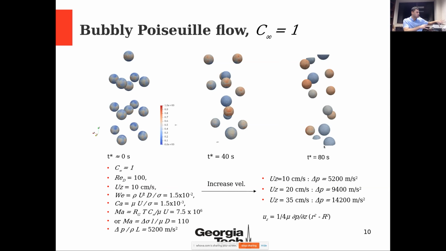In the next slide, I will show the clean case. This is with surfactant, and the bubbles survive for a very long time. The point is, with Courant number, Weber number, and Marangoni number with different definitions, when we increase the velocity, the pressure gradient increases linearly. So based on the definition, the fluid is still in the Newtonian region.